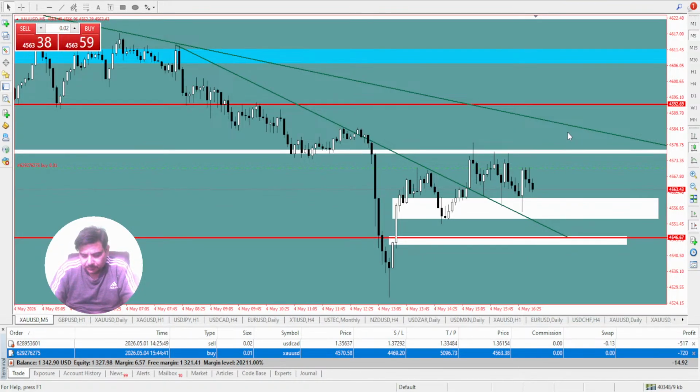In the meantime, you guys can check this price action strategy again. Open in a new tab and play it.